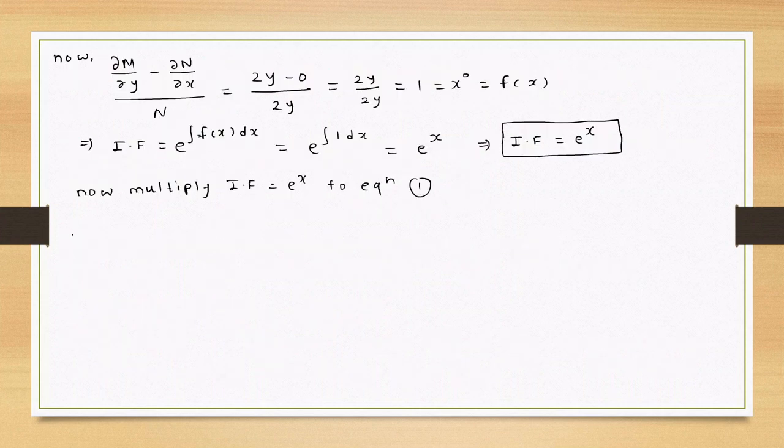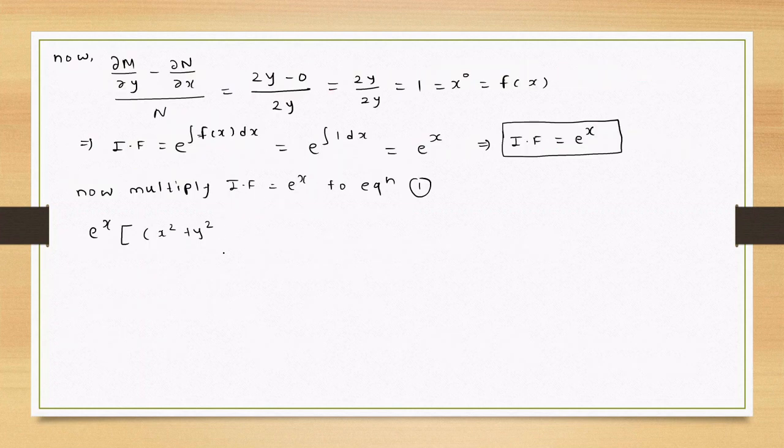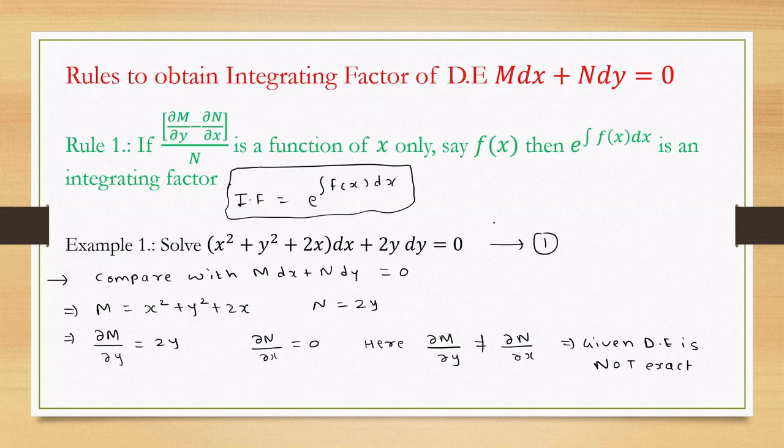Okay. So e raised to x bracket x square plus y square plus 2x dx plus 2y dy is equal to e raised to x into 0.